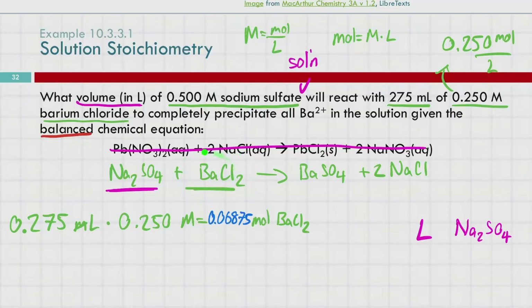Stoichiometry just means we're using the ratio, the stoichiometric ratio, the coefficient ratio for the two things. In this case, it's 1 to 1. So for every 1 BaCl2 that we put in, it's going to react with 1 Na2SO4.